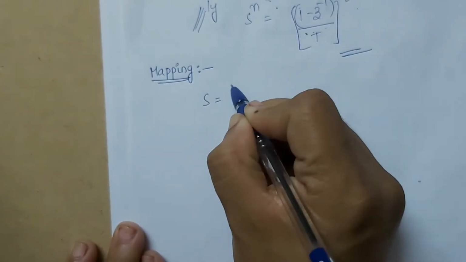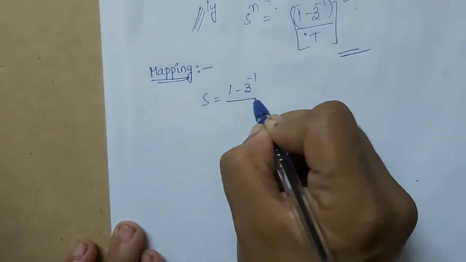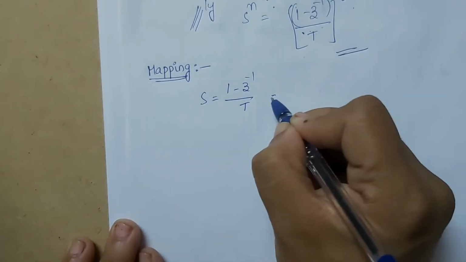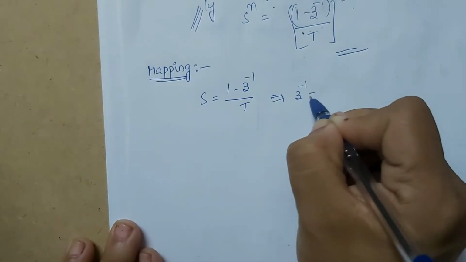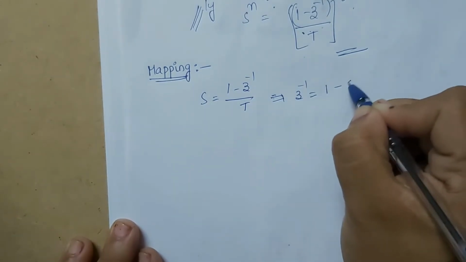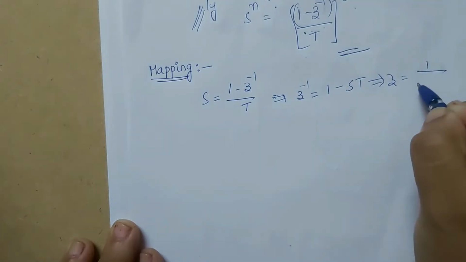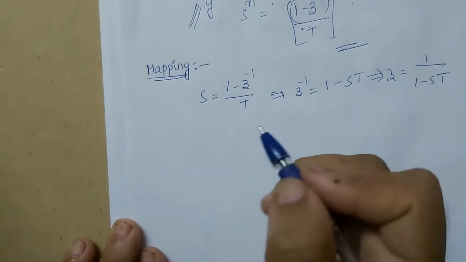S is equal to, we know, 1 minus z inverse by T. So it can be written as z inverse is equal to 1 minus sT, and z is equal to 1 by 1 minus sT, right?